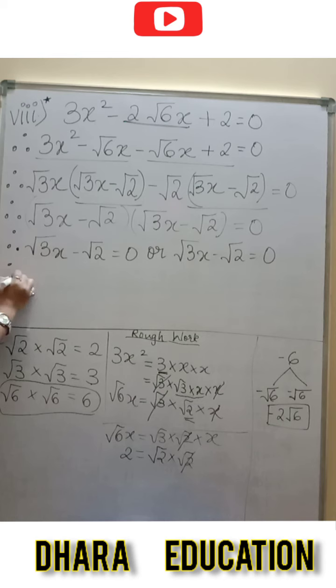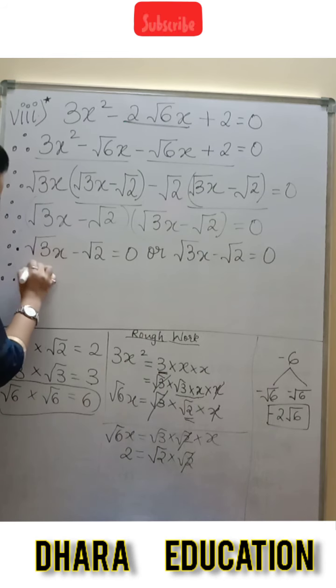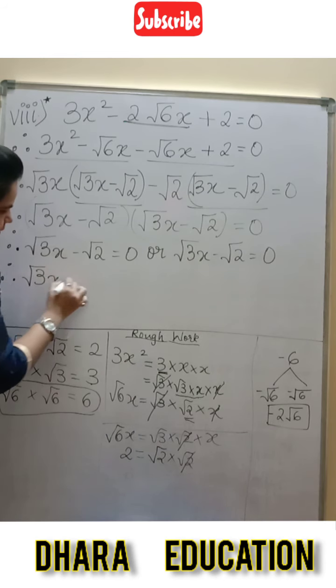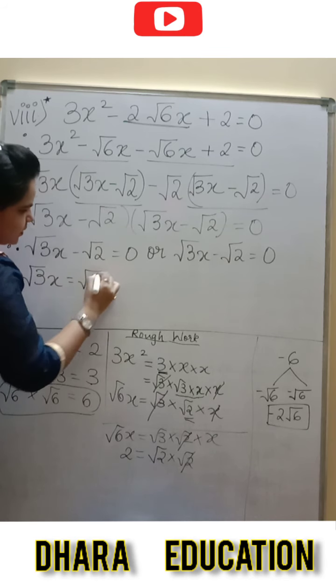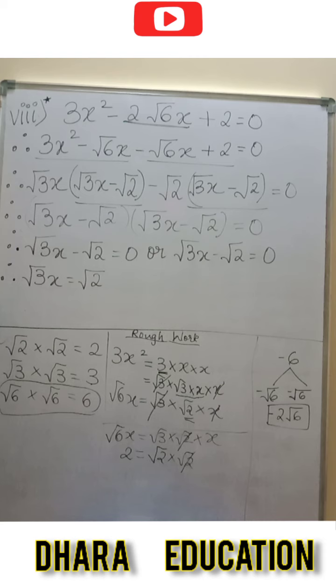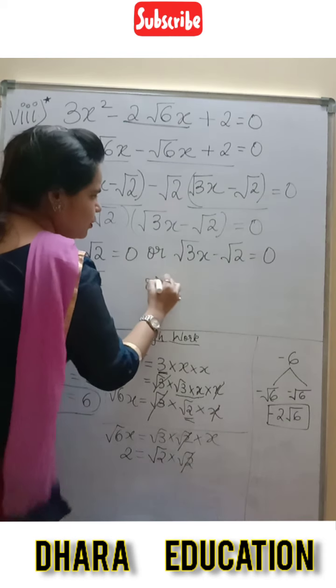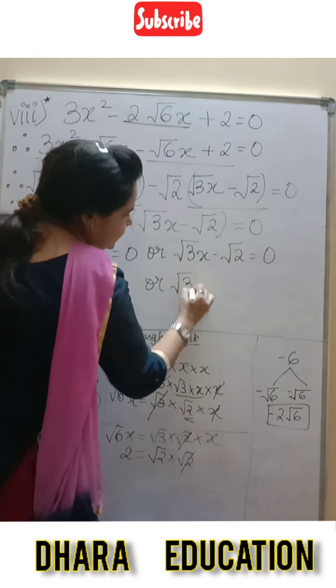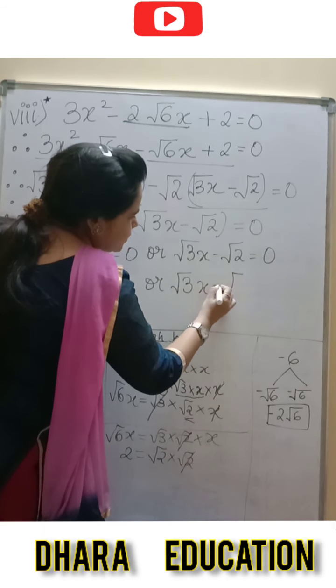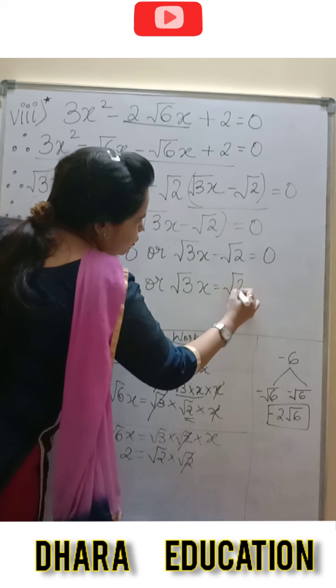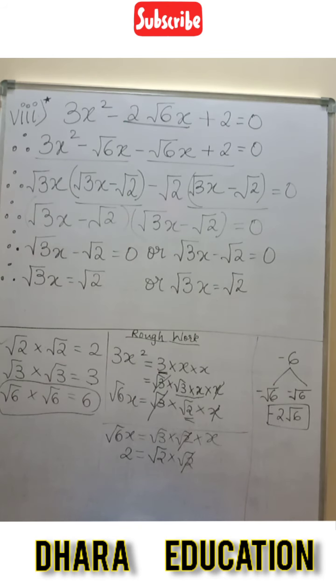Then the next step, root 3x is equals to, we have to shift over here instead of 0, that is positive root 2. Root 3x is equals to root 2. Correct?